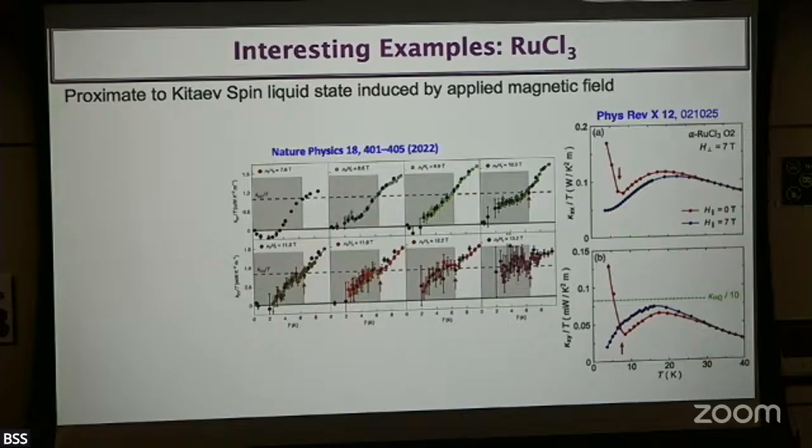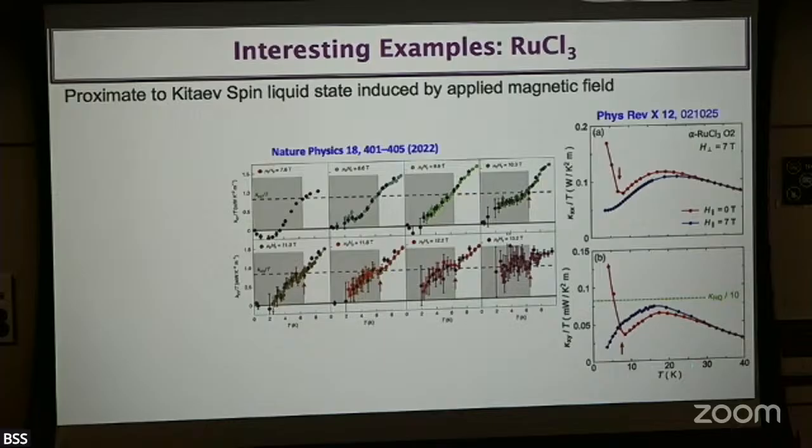This group is from Germany, and they show that as temperature sweeps across the Néel temperature, the appearance of the quantized thermal conductance is happening even way beyond the Tesla. So that is not a quantum critical point. It was for some other reason.